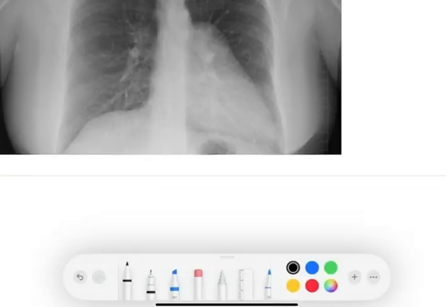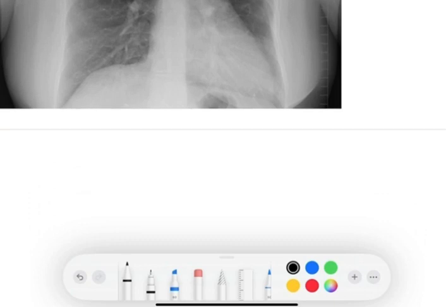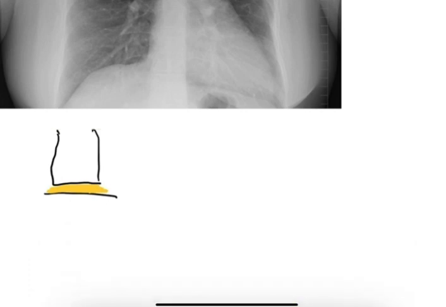You look at this image, you can see on the left side there is lucency between the left lung and left hemidiaphragm, and this is known as what? Our Snoopy sign.